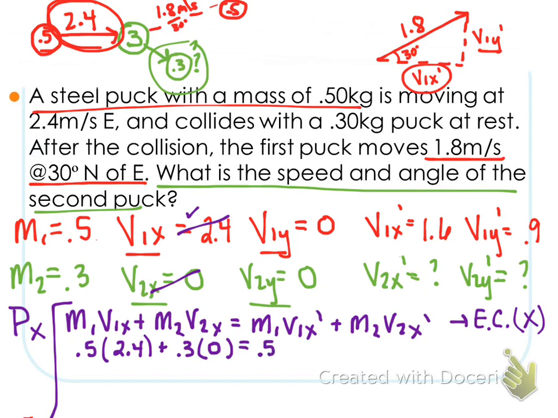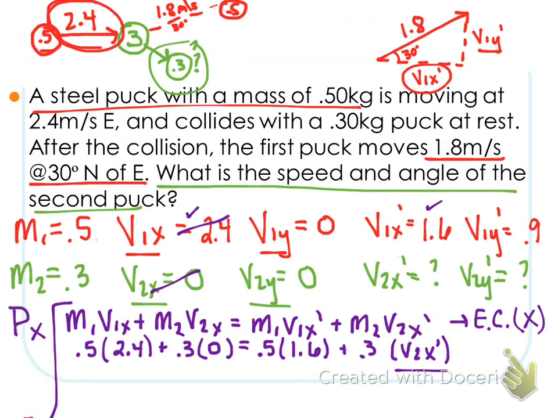Okay, M1 doesn't change. V1x prime, right, is right here. So 1.6 plus M2 times V2x prime. And I'm sorry, I know M2, I just forgot to write it in there. So this M2 needs to be 0.3.